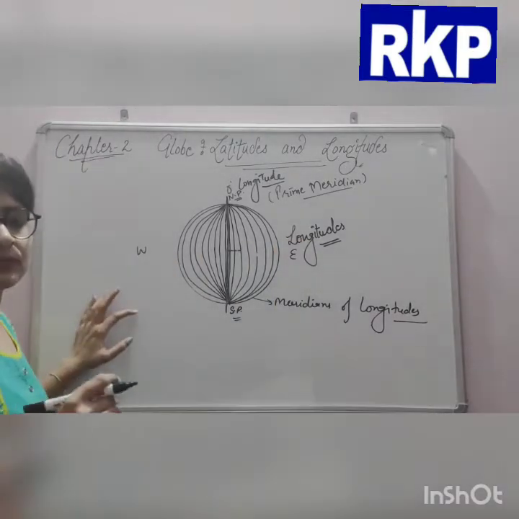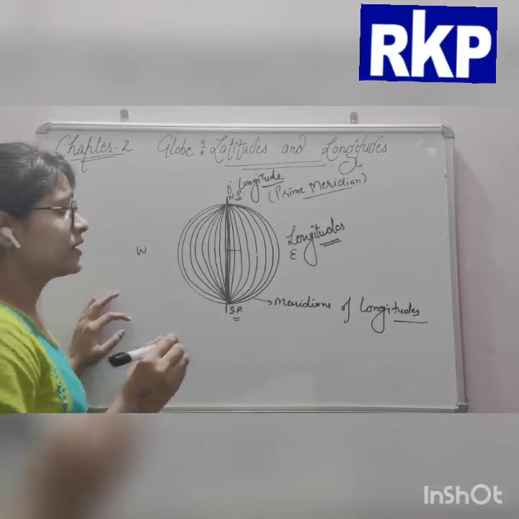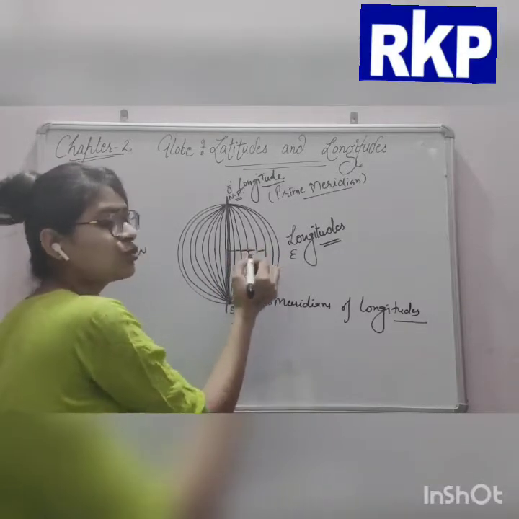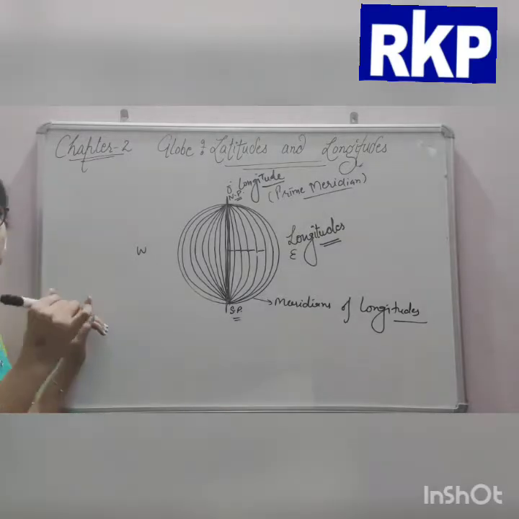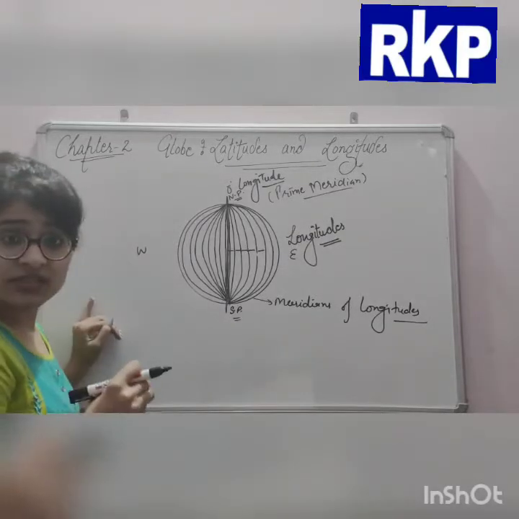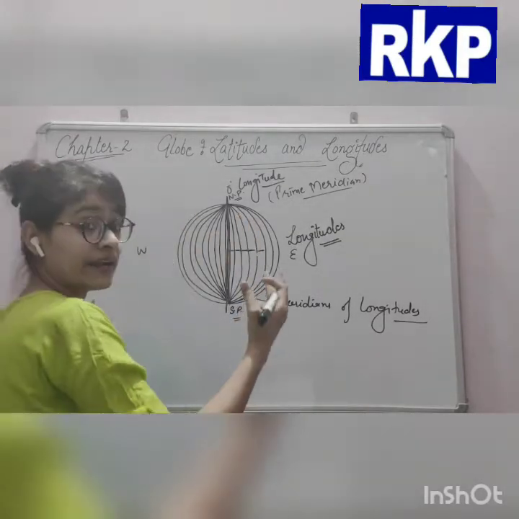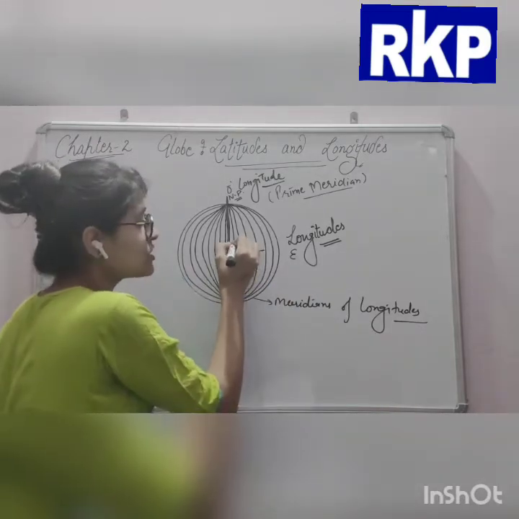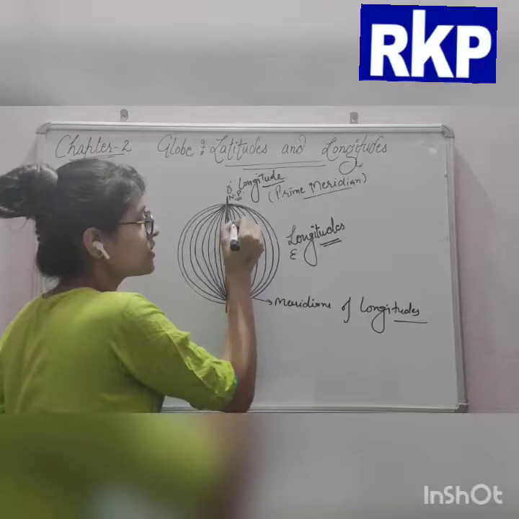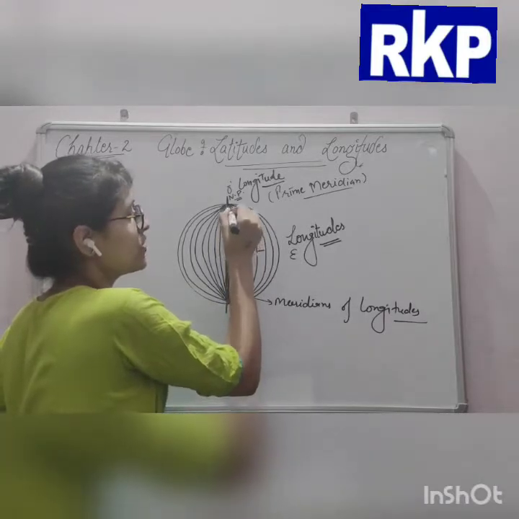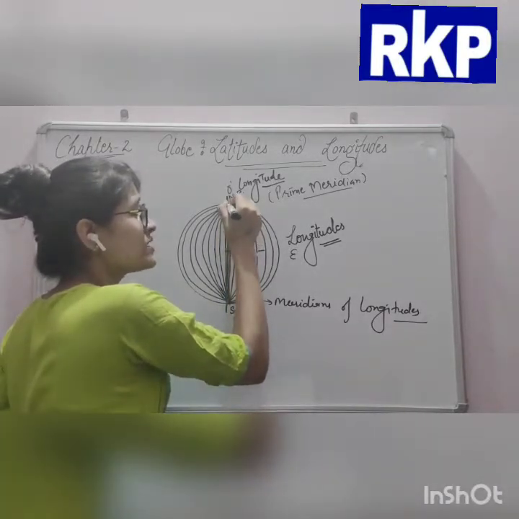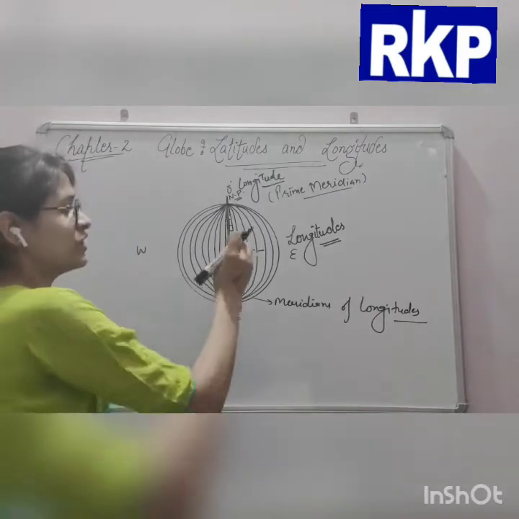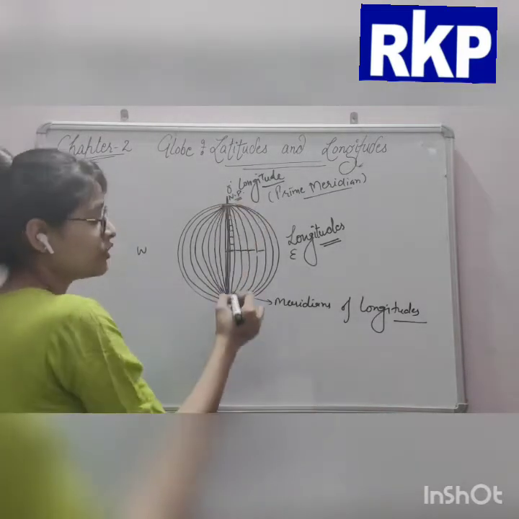The distance between these two meridians decreases until it becomes 0 degree. What is the distance between them here? That is 0. There is no distance between them. They are intersecting at the point.